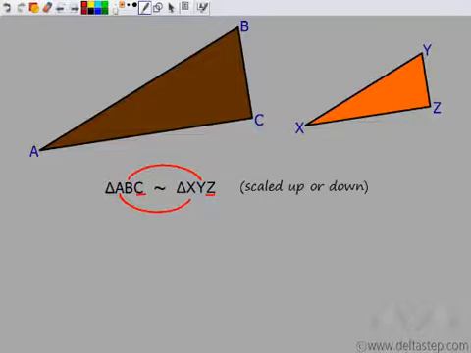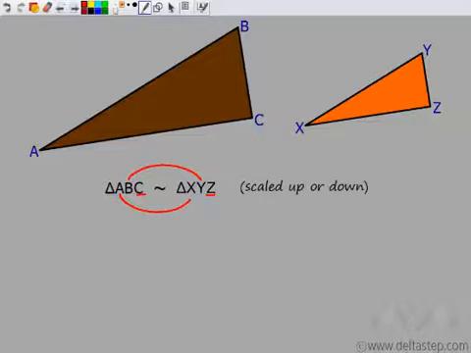I can say that this triangle is a scaled up version, a larger image of this triangle. Or this smaller triangle is a scaled down version of this large triangle. So these two triangles are similar, or you can say scaled up or scaled down versions.